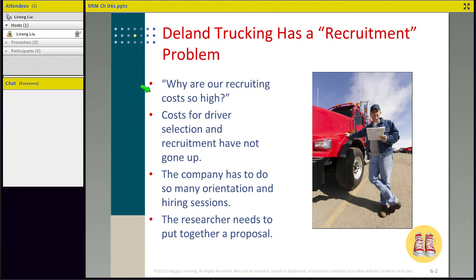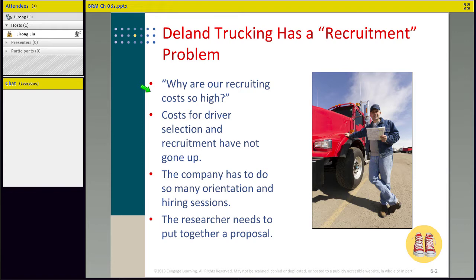Okay, now the other change he noticed is that the company has to do so many orientation and hiring sessions. Apparently, they're hiring a lot of workers, a lot of drivers now. So the researcher James is hired to conduct some research to help solve the problem, okay? And during the conversation between Dylan and James, James has learned the symptoms about the issue right now.